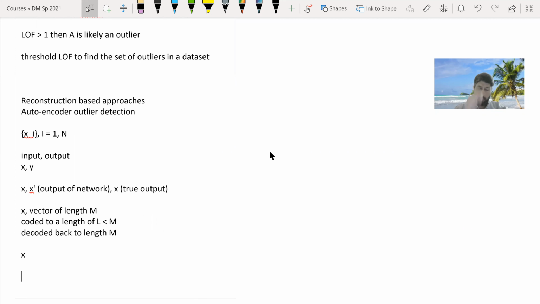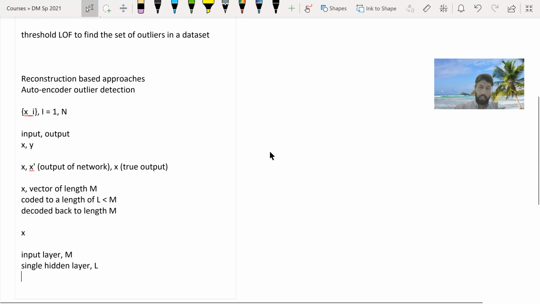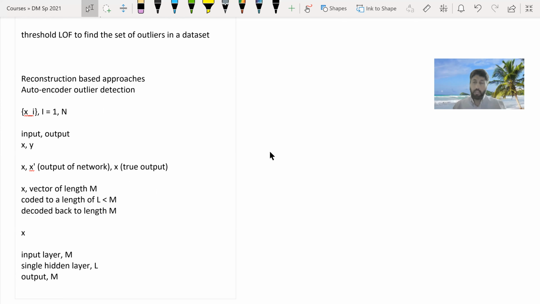So usually the processing in the network is something like this. Let's say we have a single hidden layer, and let's say that hidden layer has dimension L. So input layer, of course, has dimension M. Okay? And then we have output, which has dimension M again. Of course, you can have more hidden layers, but essentially the process remains the same.